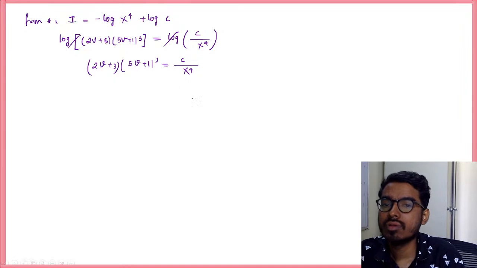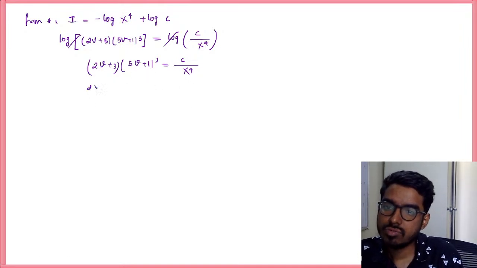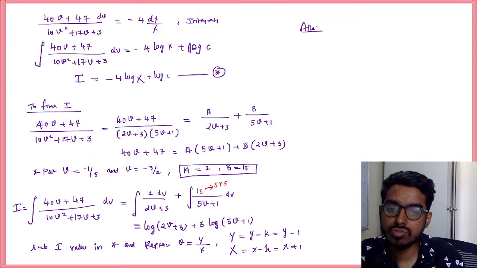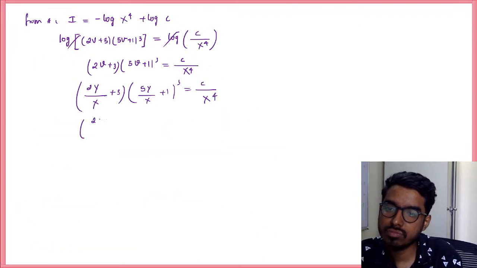Right? Okay. So replace v to be equal to Y by X, 2Y by X plus 3, 5Y by X plus 1 whole cube, c by X power 4. So capital Y is y minus 1. Capital X is x plus 1.